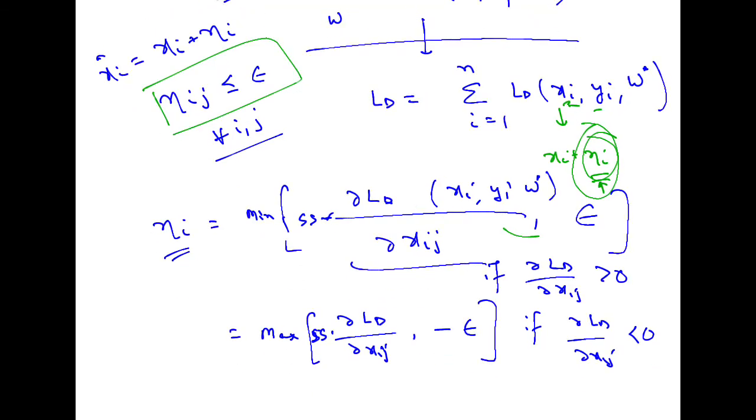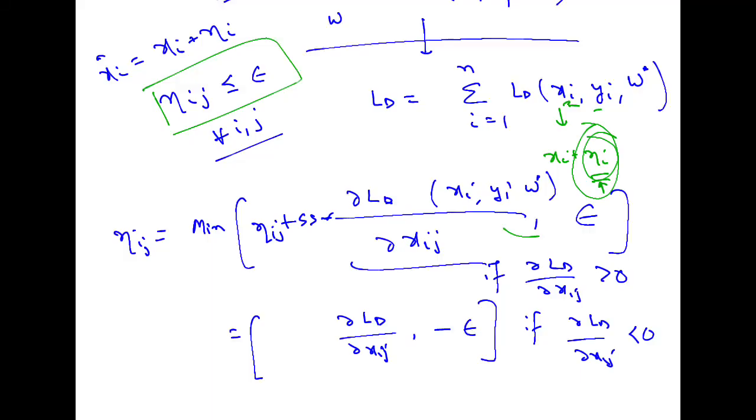So you can say eta i is equal to min of eta ij plus step size into this gradient, and here it is max of eta ij plus this if the gradient is negative.